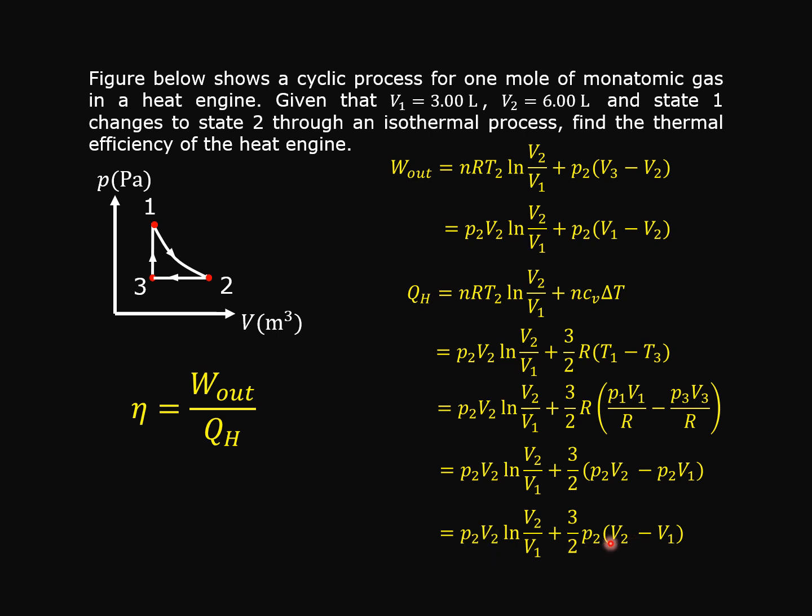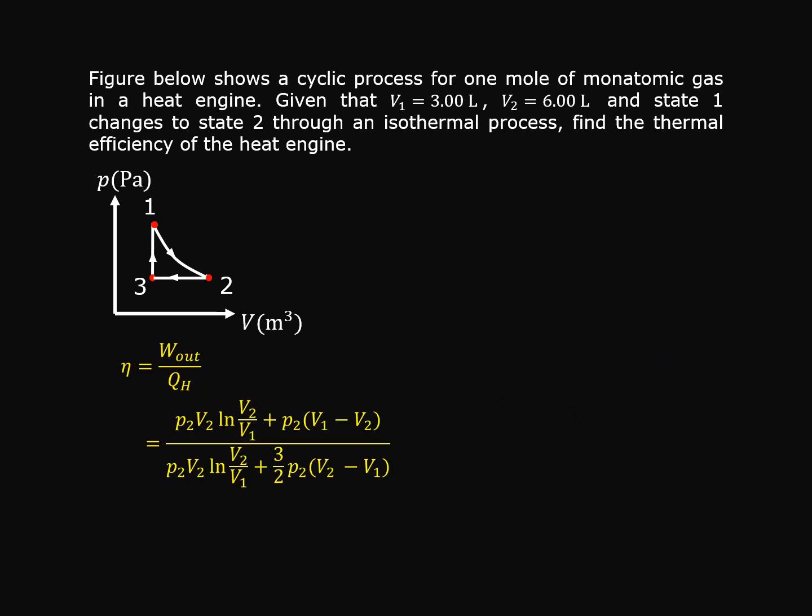So we can see clearly that if we substitute this output work and this QH into the formula for the efficiency of the heat engine, the P2 will all be cancelled out. Now let us do the substitutions and evaluate the thermal efficiency eta of the heat engine.